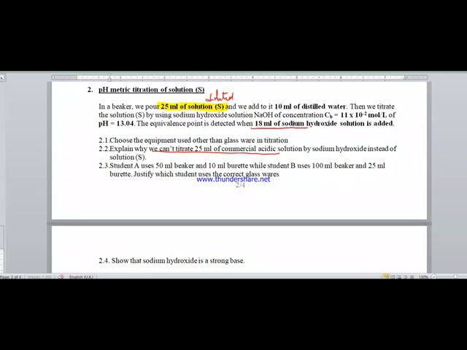To titrate this diluted solution, 18 milliliters of sodium hydroxide are needed. So why can't we use the commercial solution in the titration?